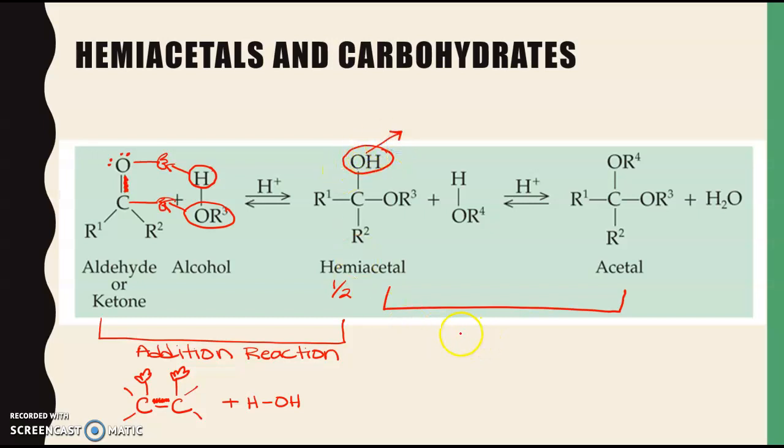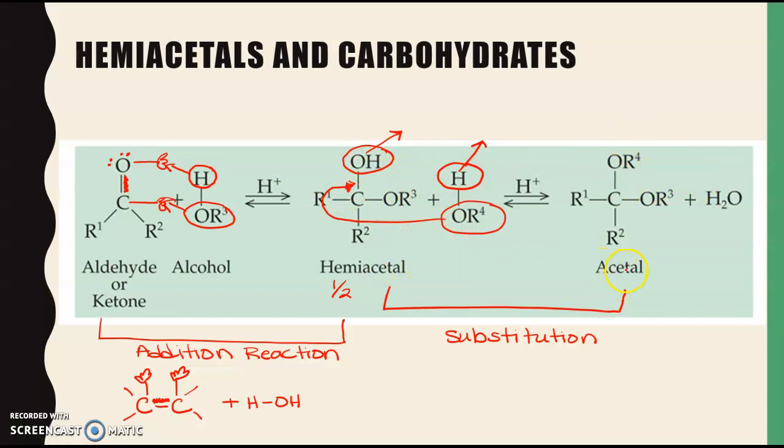So it's going to leave, and it goes with the hydrogen, and that's how we get this water over here: the hydrogen from the alcohol and the hydroxyl group from our hemiacetal. Nothing happens at this little alkoxy group we already added. Instead, we're going to substitute in this alkoxy group from the alcohol. This could be the same alcohol as here or a different one. We're going to replace it, and then we have that group up here.